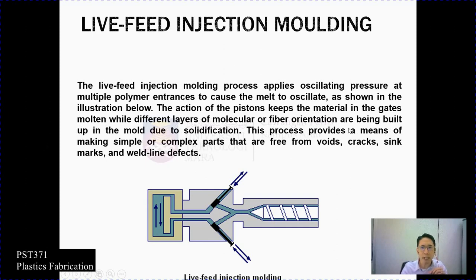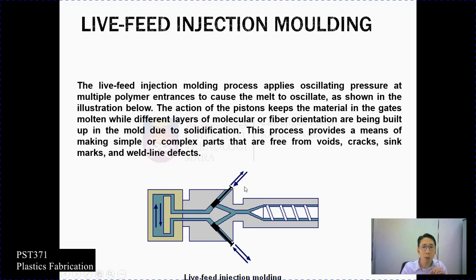This process provides a means of making simple or complex parts that are free from voids, cracks, seams, marks, and weld-line defects. It is similar to a single screw injection molding, but has a live feed or piston that controls the flow of the material.